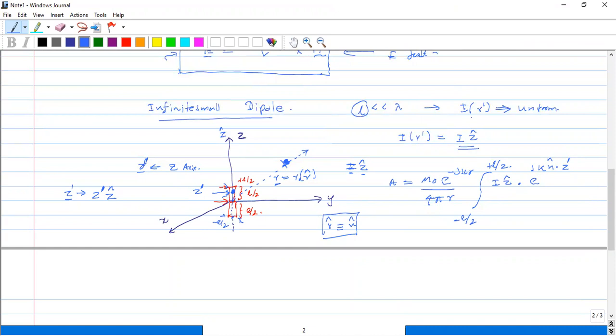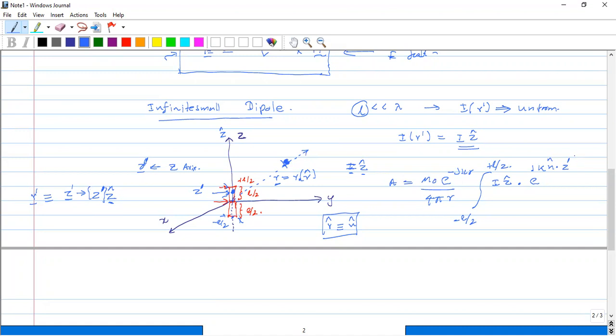In our case, r bar dash is completely equal to z bar dash, which is the magnitude into the unit vector, so this is the complete vector.